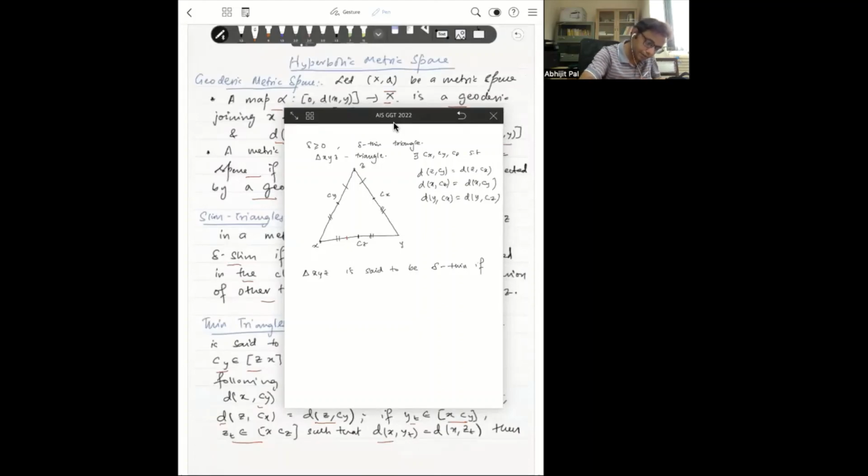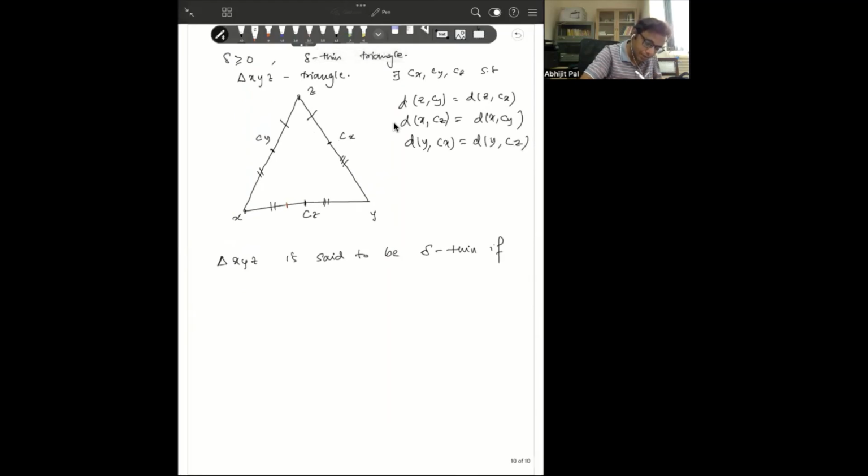Let us take a point ZT here, and let us take a point YT here in this geodesic, such that the distance of X to ZT is the same as the distance of X to YT.